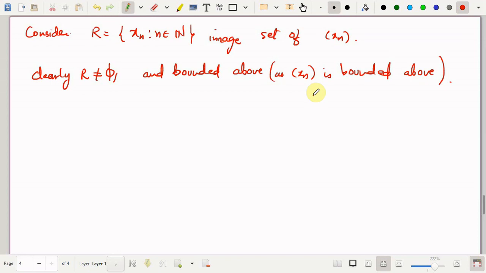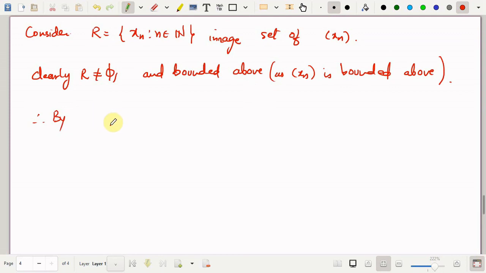Therefore these are the hypotheses that are required to use the LUB property, or the order completeness.